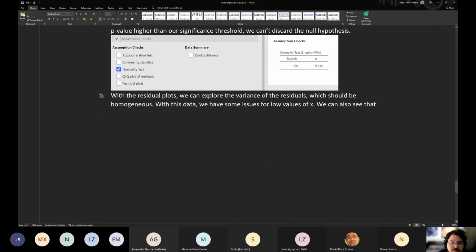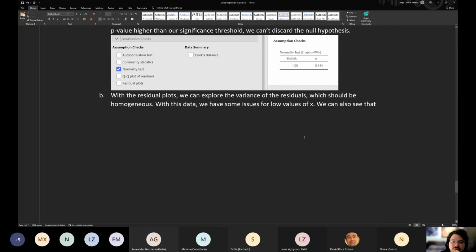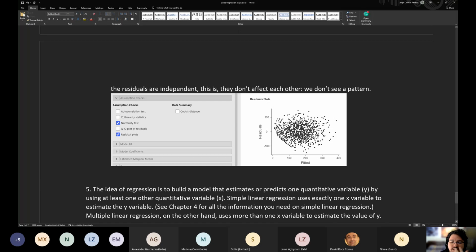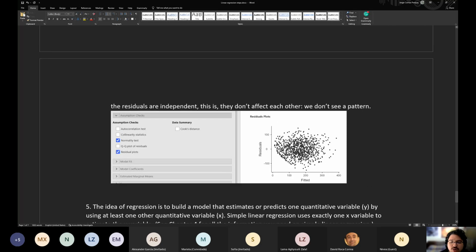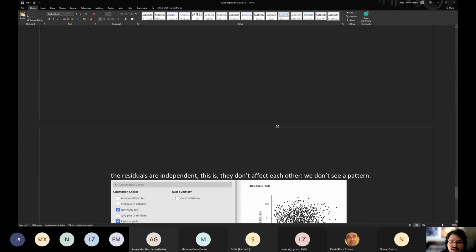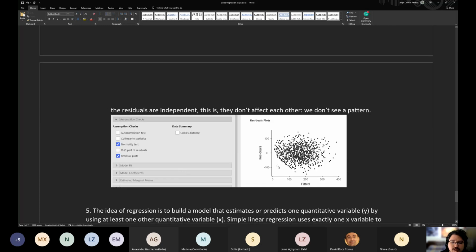Moreover, with residual plots, we can explore the variance of the residuals. That should be homogeneous. So this is the plot that I'm talking about. And with this data, we have some issues for low values of x. That is something artificial, from the way in which I simulated this data. Otherwise, this is a reasonable plot to observe the homogeneity of the variance and the independence of the residuals from each other, meaning that you don't see any pattern here.